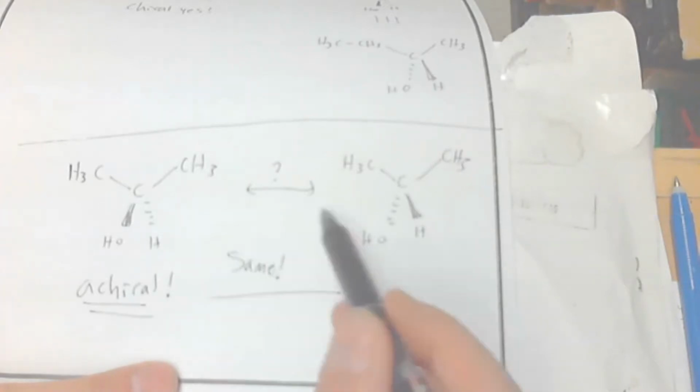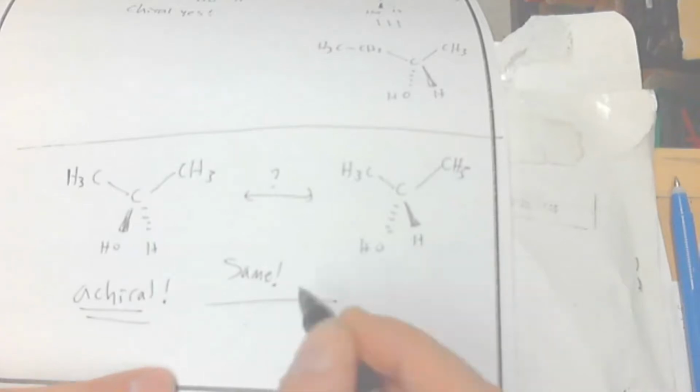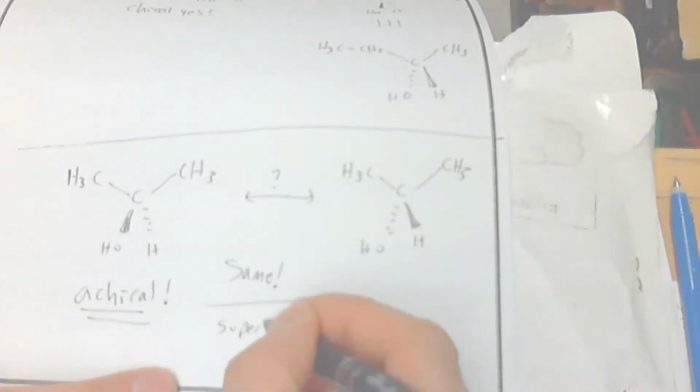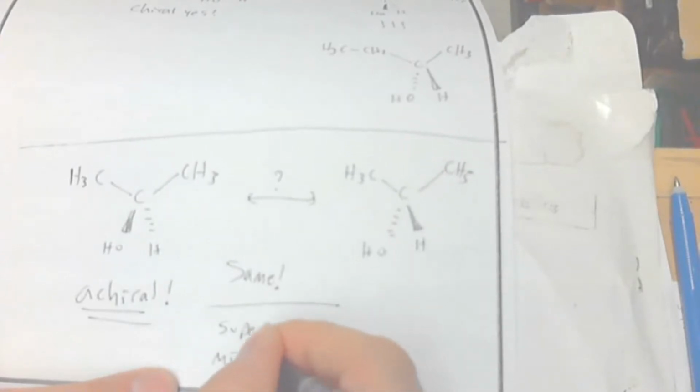Another way to say that: by same, we mean superimposable. So these look like mirror images, but they're superimposable mirror images. Another way of saying superimposable mirror images is the same molecule.